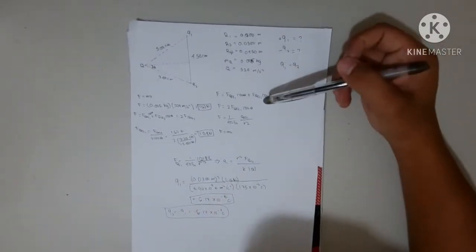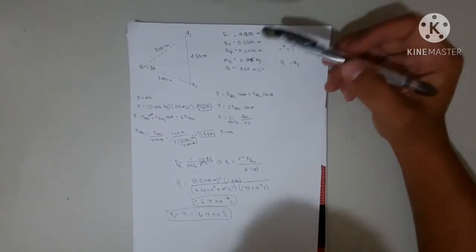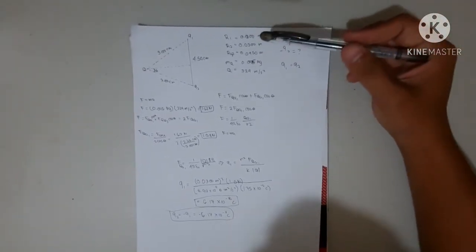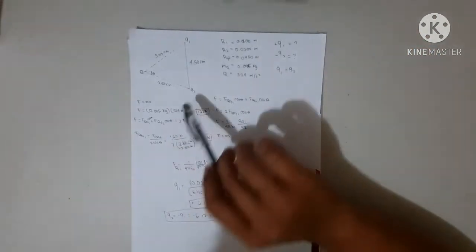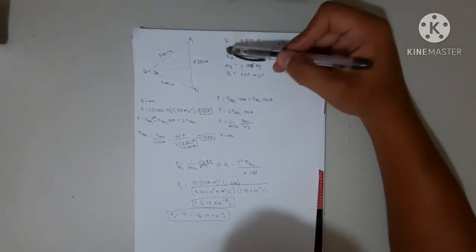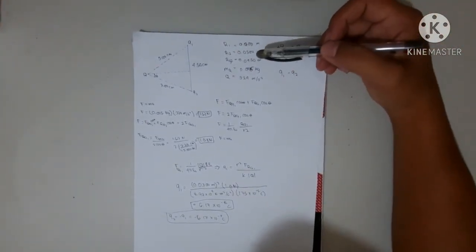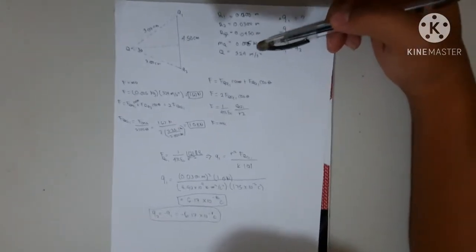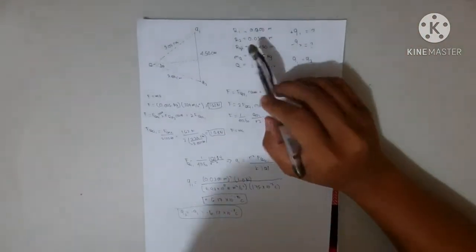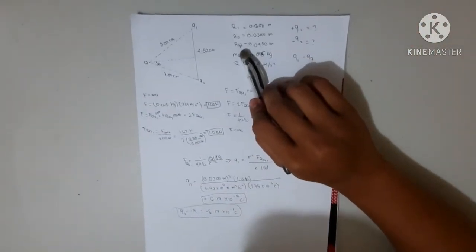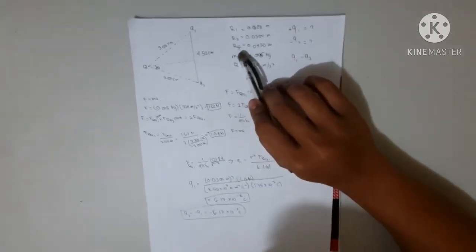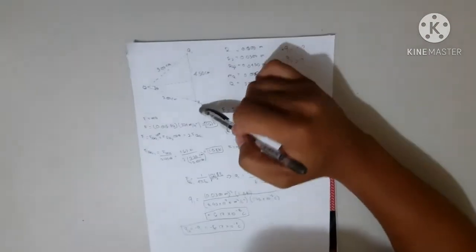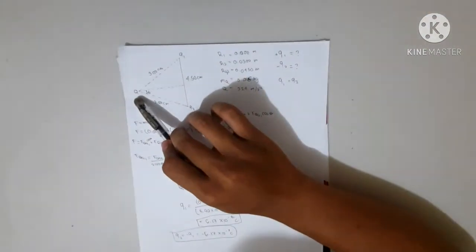We're going to convert centimeters to meters, so instead of 3 centimeters, we're going to have 0.03 meters. Same for Q2 to Q, which is R2.